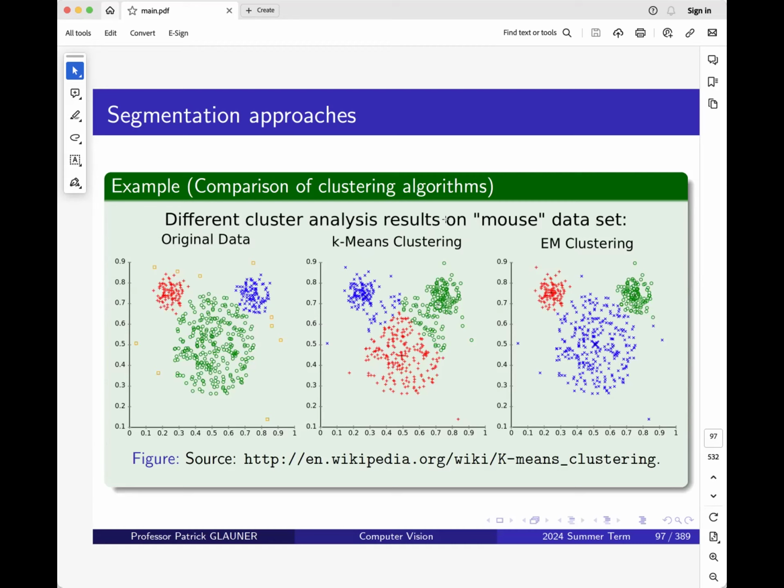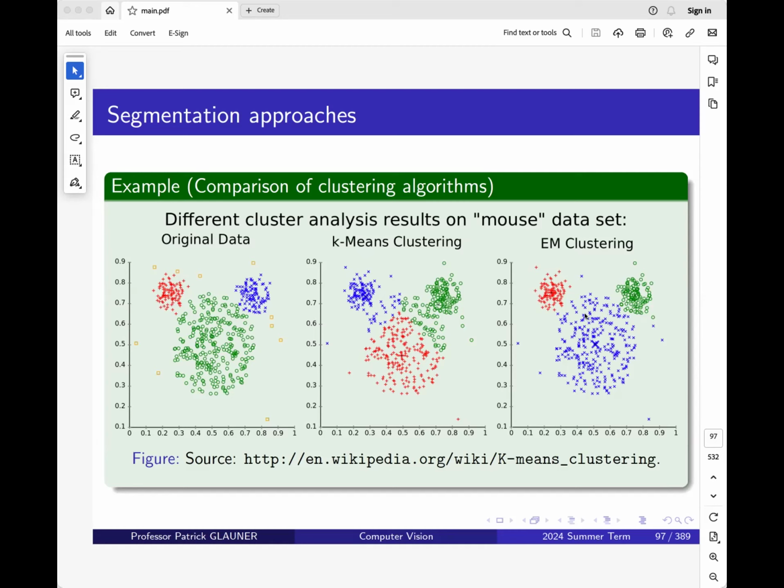K-means is actually just a specialization of the EM clustering, which assumes spherical or circular clusters. However, EM clustering assumes that your clusters have the shape of an ellipse, in 2D, 3D, 4D, whatever. So it's not circular, but an ellipse. And with that assumption, we can actually get quite good clusters with the EM clustering.